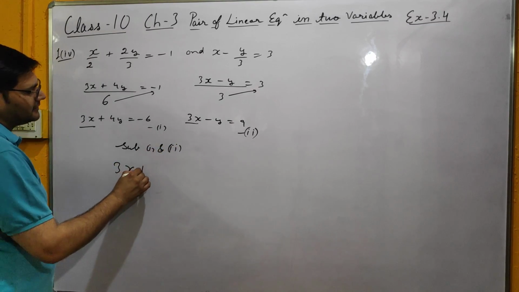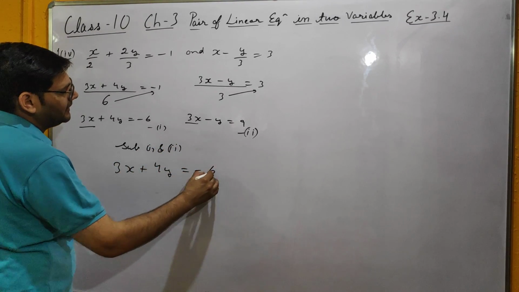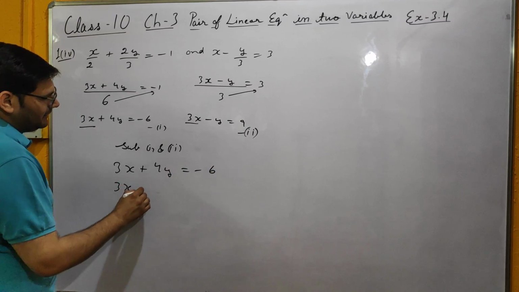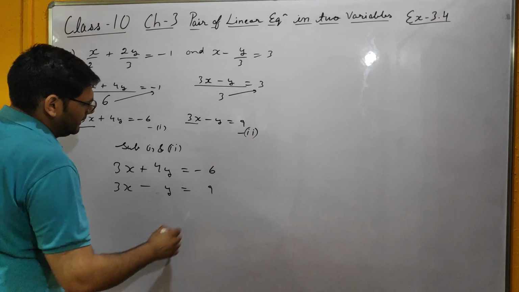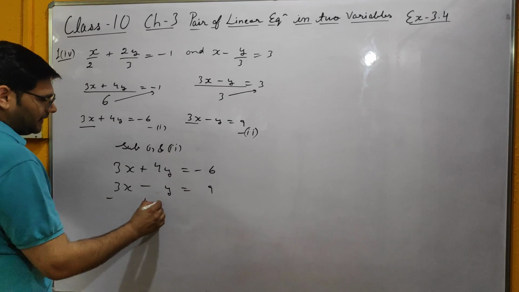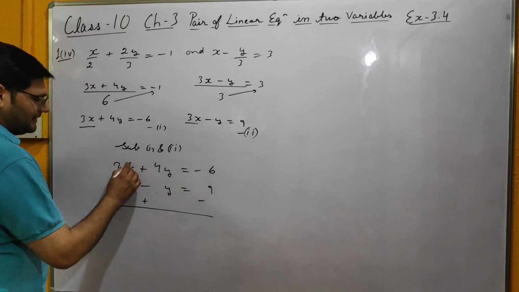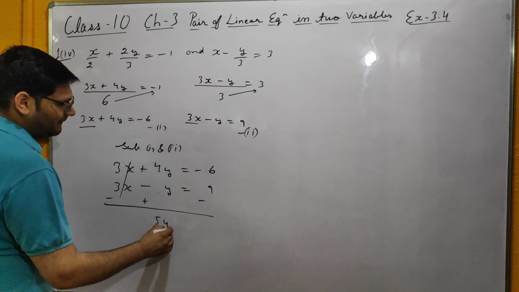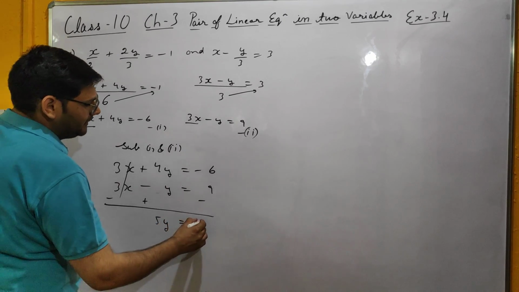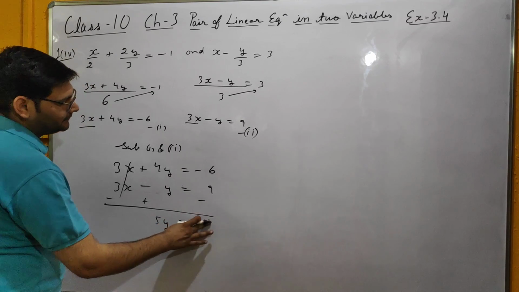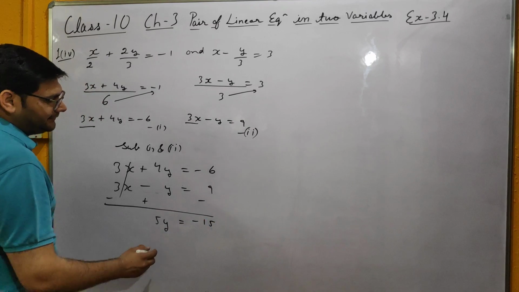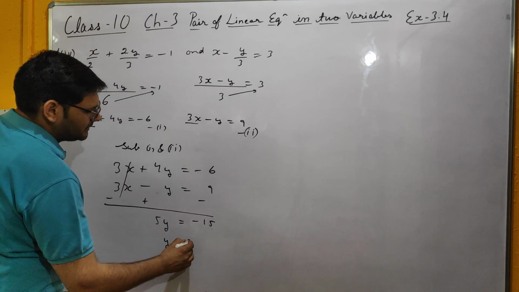So 3x plus 4y equals minus 6, 3x minus y equals 9. So minus, plus, minus. This is cancelled. 5y equals minus 15. Then y equals minus 3.